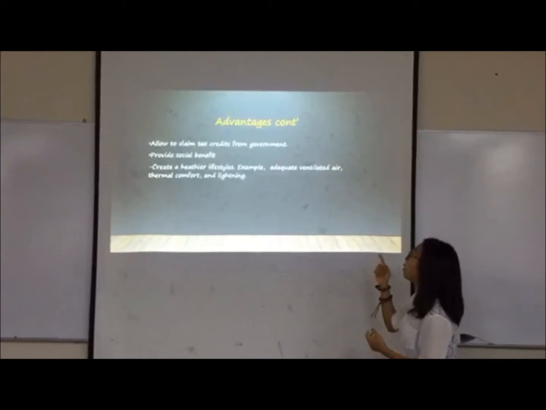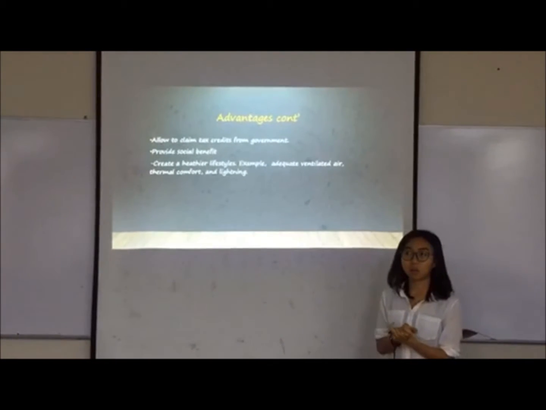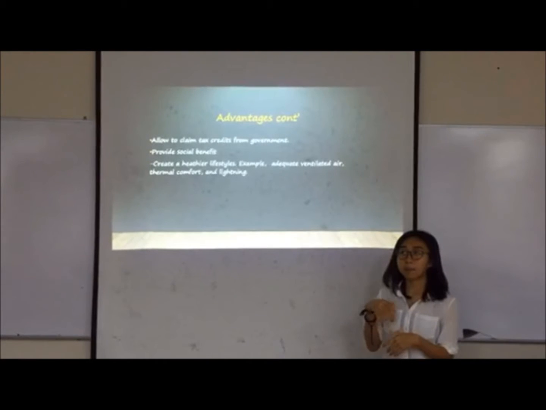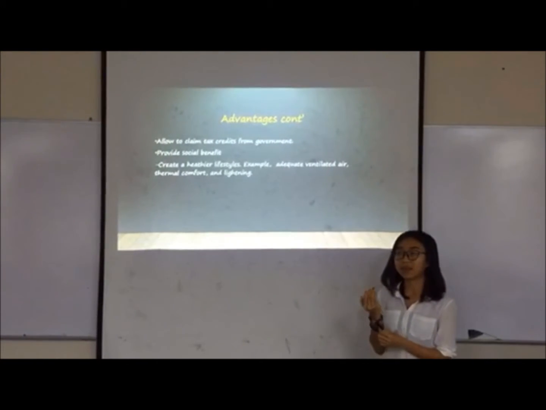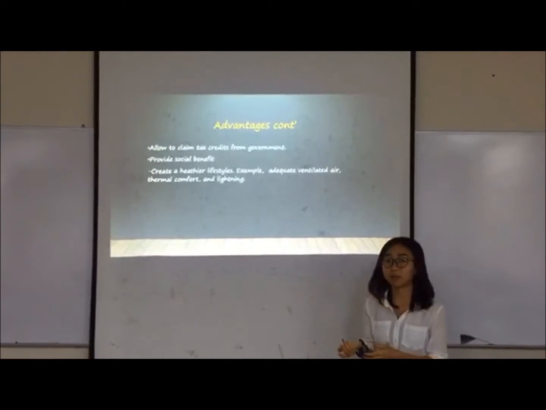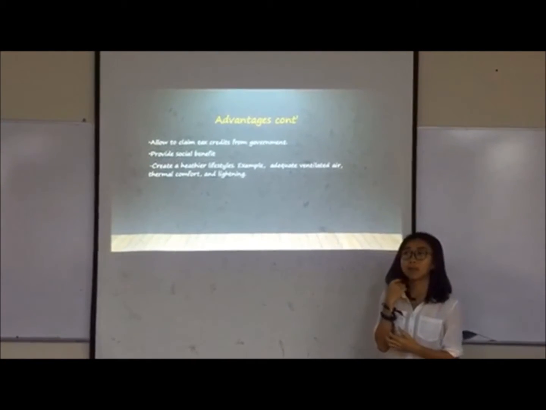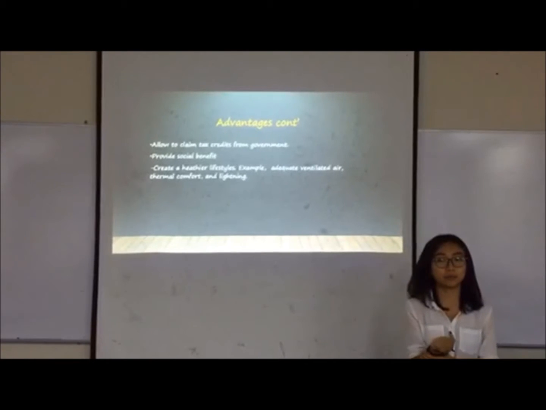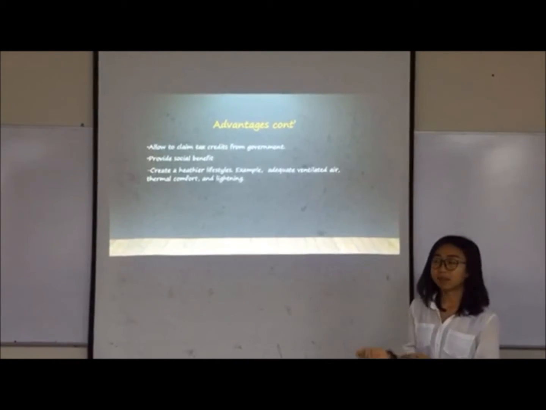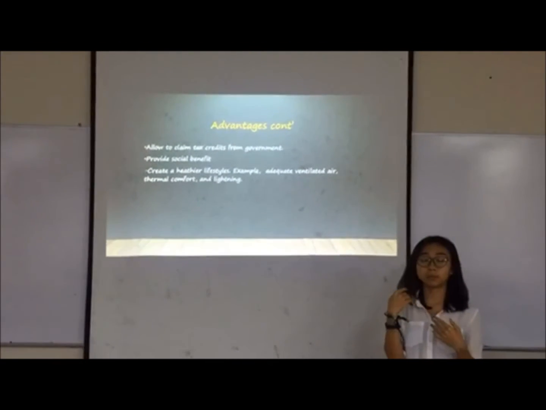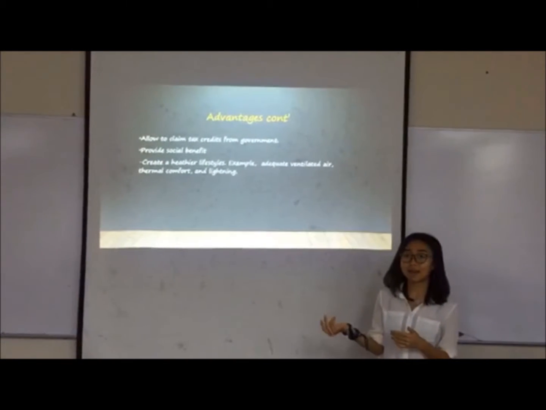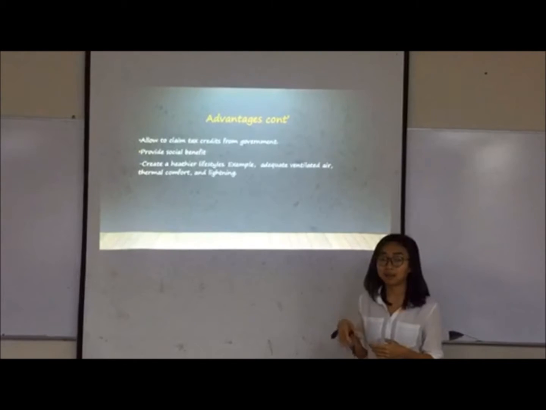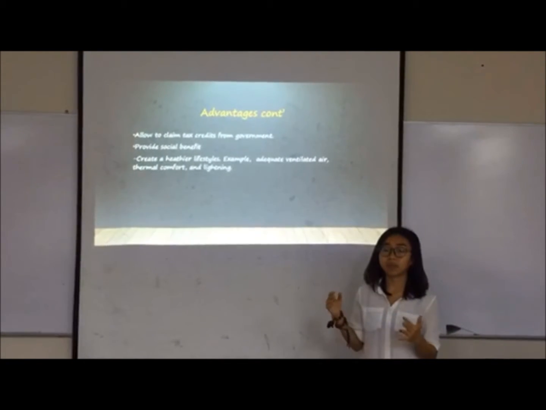When we talk about adequate ventilated air, we can make sure the position of windows and doors is at the correct position, and make sure there is an atrium view in the building. Then this allows the hot air inside the building to flow out easily. Then the fresh air can enter the building easily.